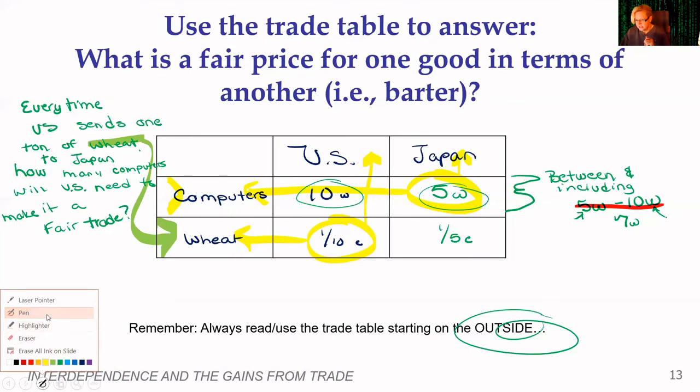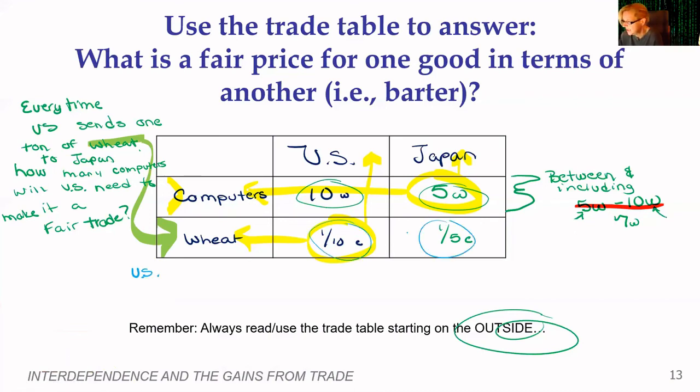So every time the US sends 1 ton of wheat to Japan, the US will expect to get between and including 1/10 and 1/5 of a computer.